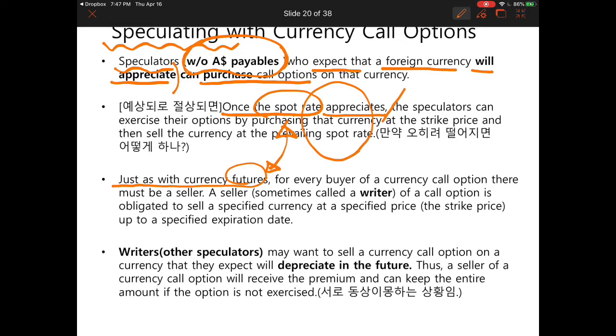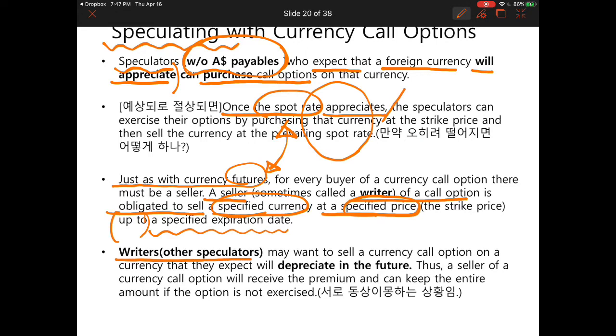By the way, a seller or writer of a call option is obliged to sell a specified currency, which is Austrian dollar, at a specified price, which is the strike price, upon a specified expiration date. So let's say we only consider the potential purchaser of Austrian dollar, but the other counterpart of the trade is the writer, another speculator, right?